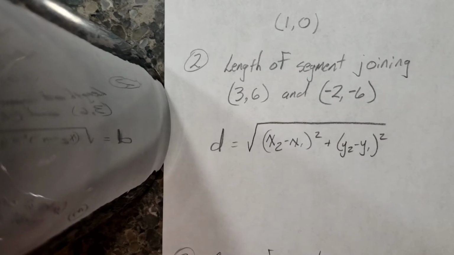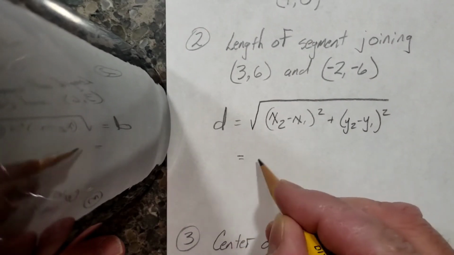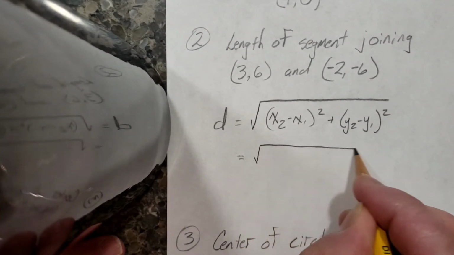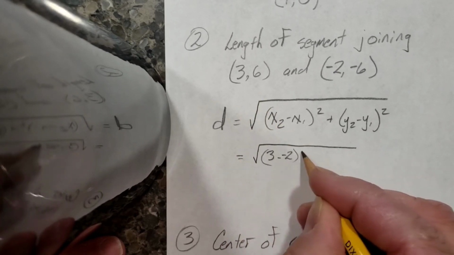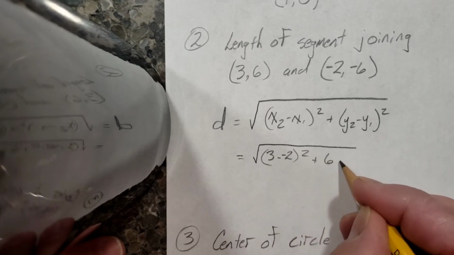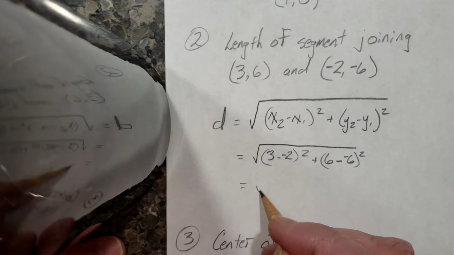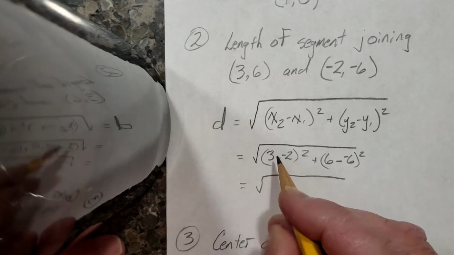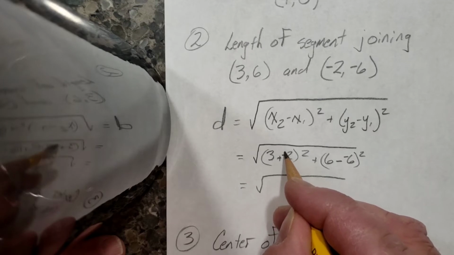I'm going to move on to number 2, and it asks for the length of the segment joining 3, 6 and -2, -6. And again, that's going to be distance formula. So we're just going to substitute our values in. 3 minus -2 squared plus 6 minus -6 squared. And always be careful of those negative signs. I always use the rule, same, change subtraction to addition, and then change your sign.